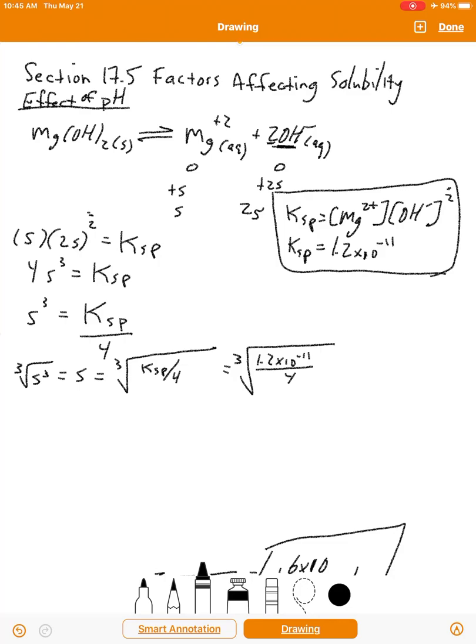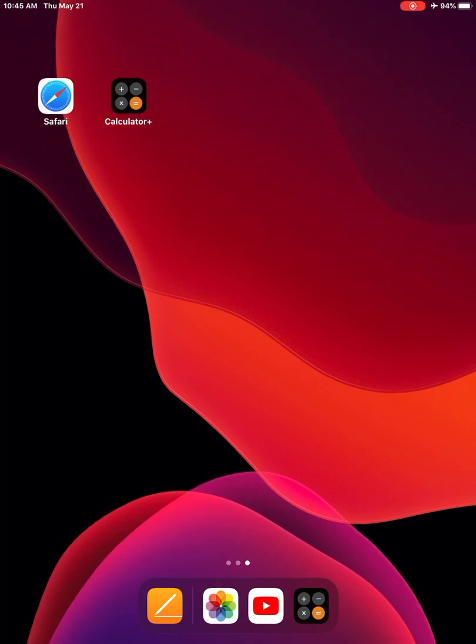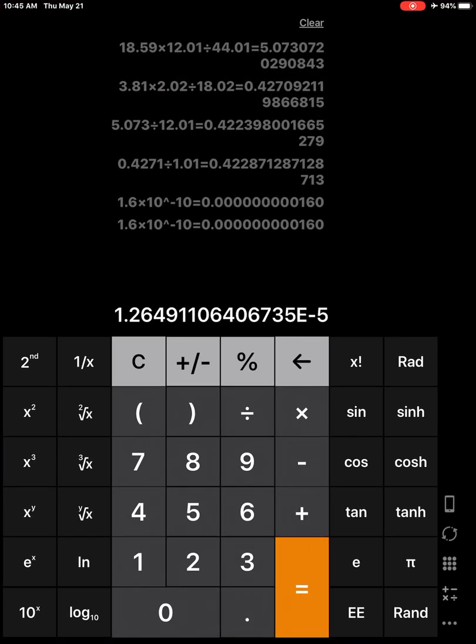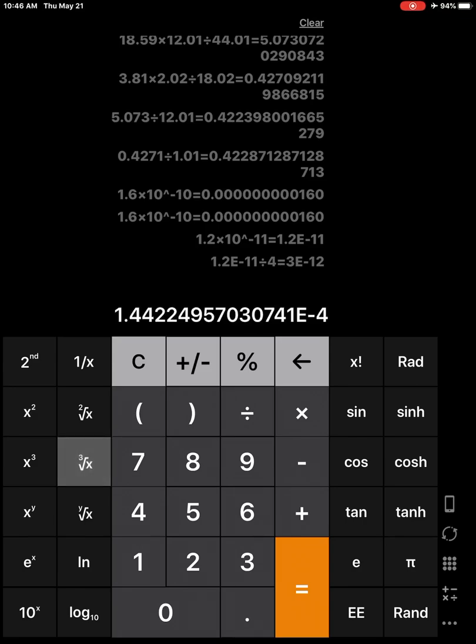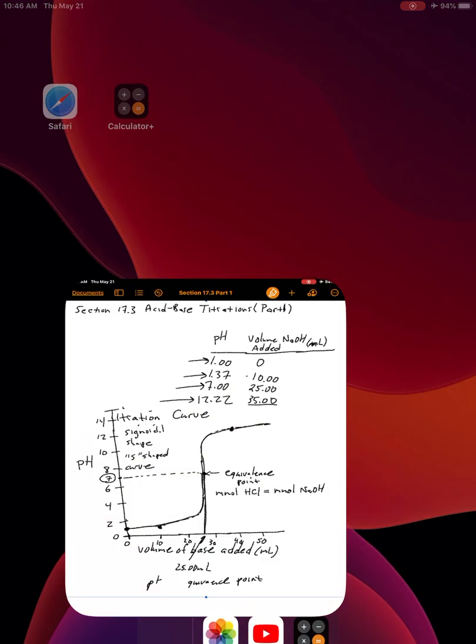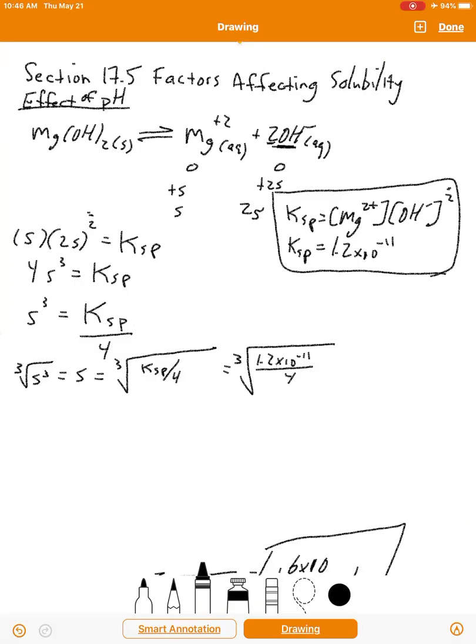Okay, divide that by 4, and then take the cube root. 1.4 times 10 to the minus 4. Okay, I'll use molarity units.